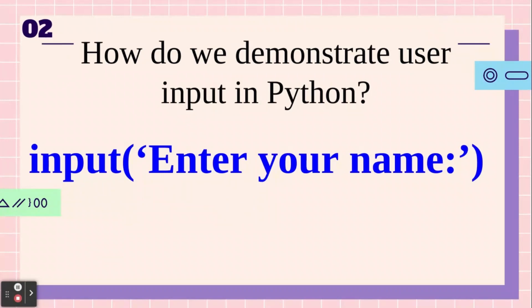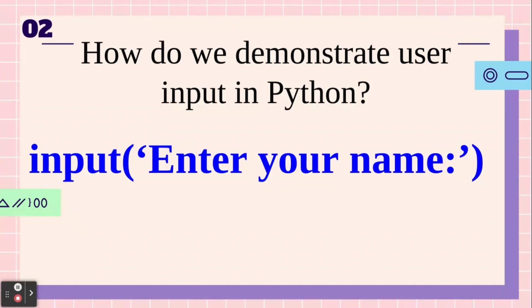Here is an example of an input statement, and the question or statement within our input statement says enter your name. Remember, the input statement always takes back information from the user, so the statement which goes inside is usually a question where the user has to respond or interact with the program.